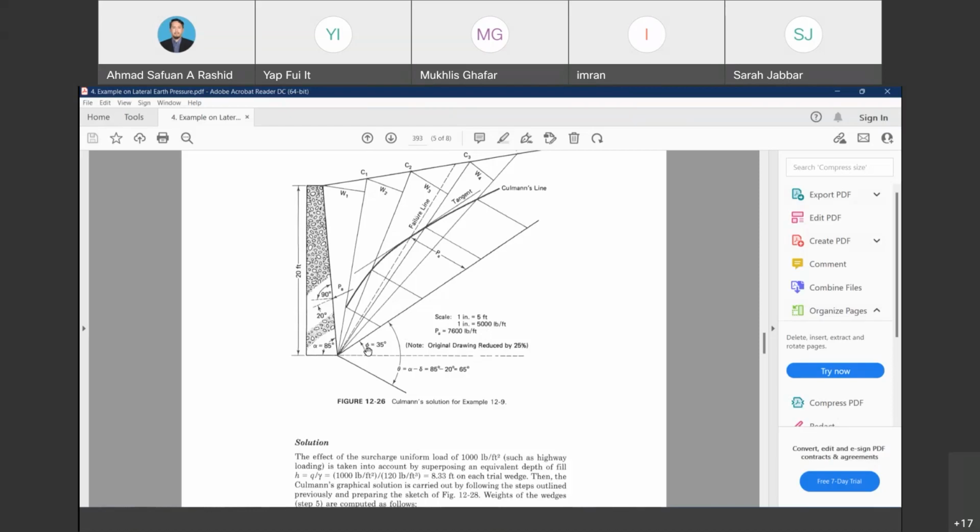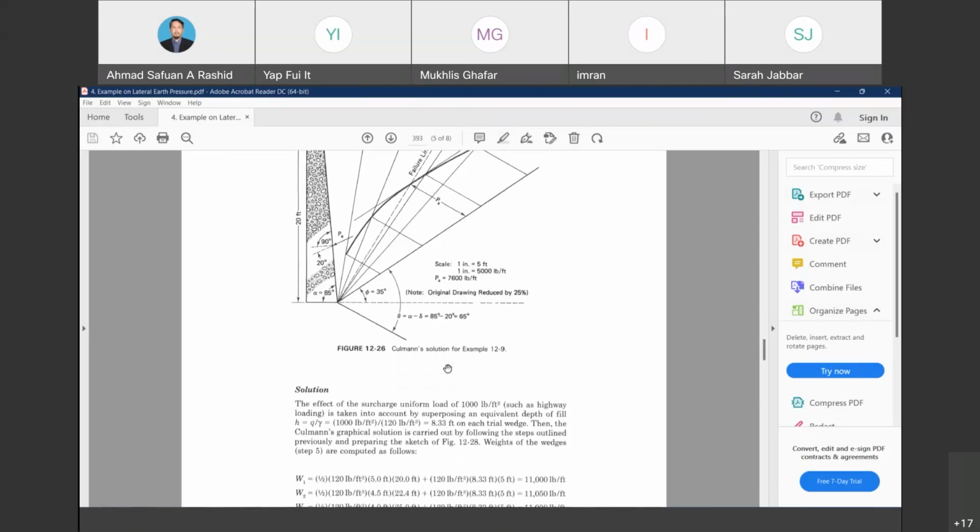So you should include theta based on the Caquot approach. Sorry, Doctor, can we find this example in the e-learning? Yeah, I have included it in the e-learning. Thank you, Doctor.